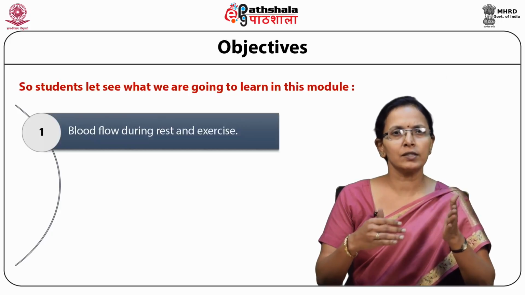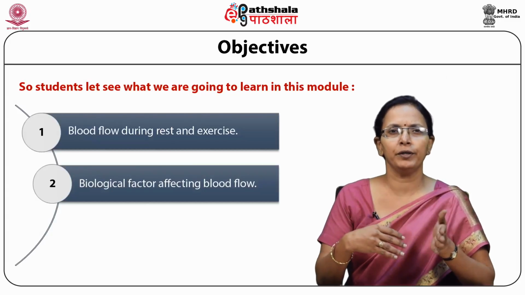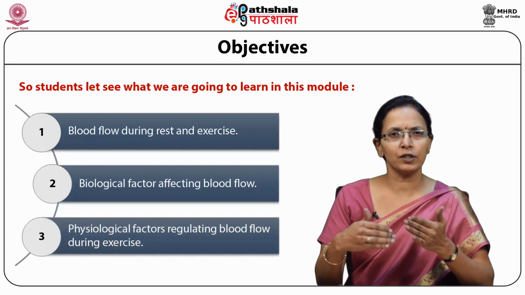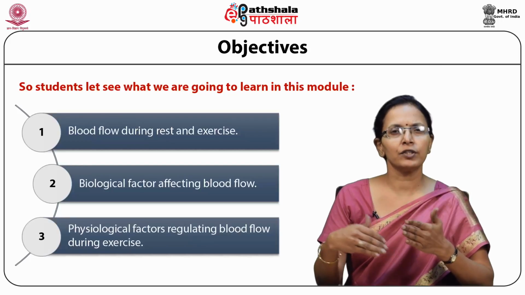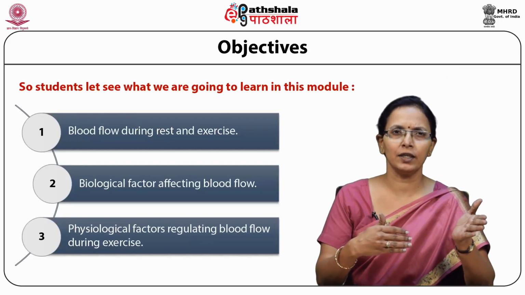Then we'll study various biological parameters which affect the blood flow in our body. Then we'll try and understand the physiological factors which regulate the blood flow during exercise in our body.